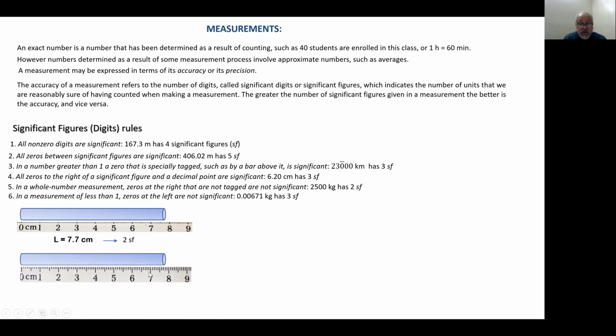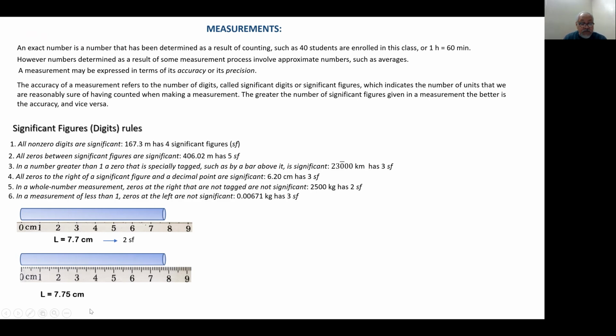Again, in this case, we know it is 7, but also we know that this object is passing this line, 7 millimeters. But now the edge of the end of this object is between 7 and 8 millimeters. So we have to guess again the last digit. And what do we have?